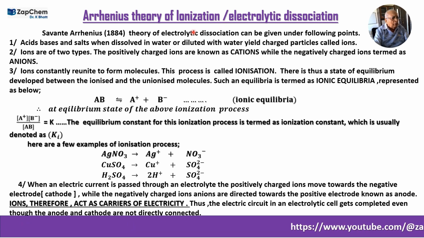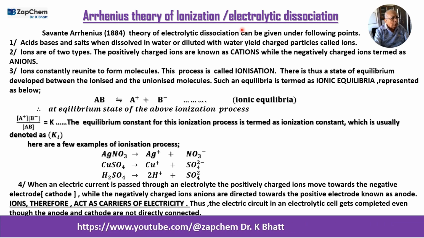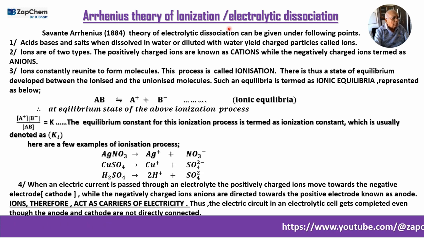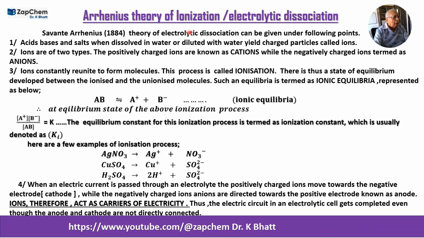So I repeat again that electrolytes are the substances which allow the passage of electric current and are decomposed thereby, forming certain products. Now, why this happens and what are the products obtained, we are now going to take up.